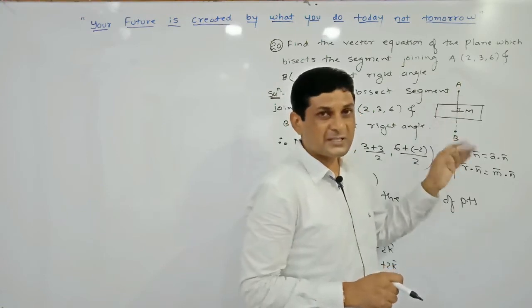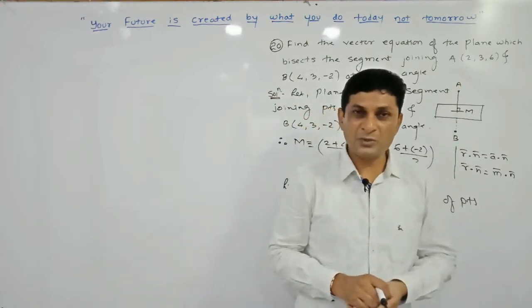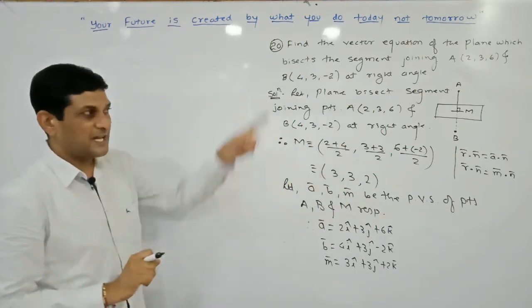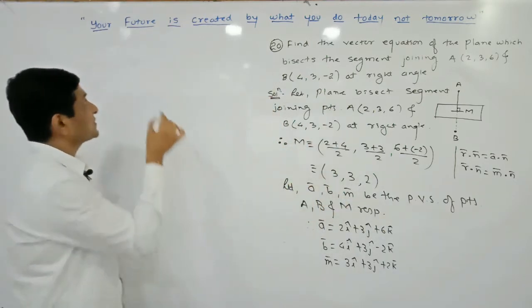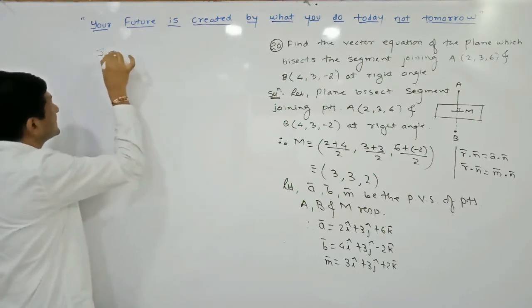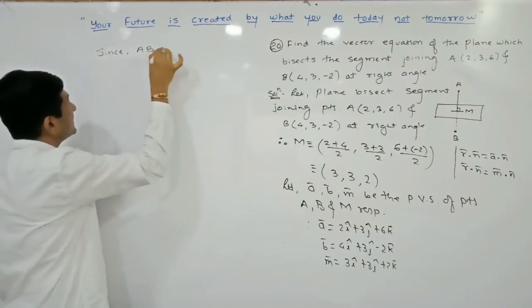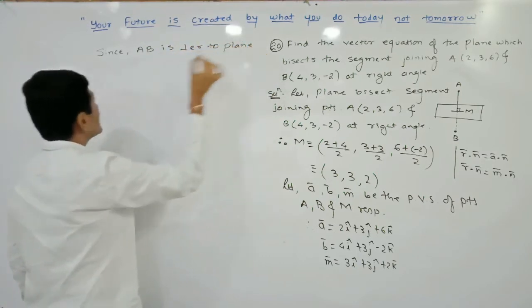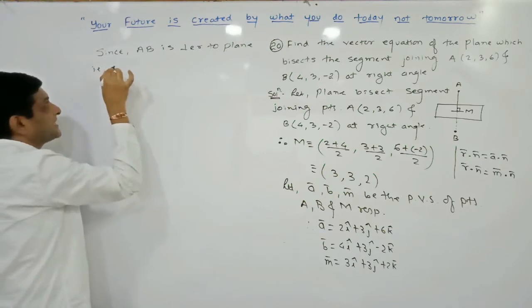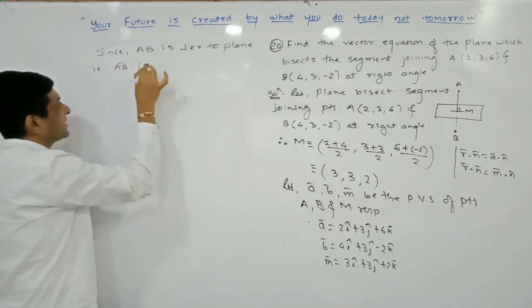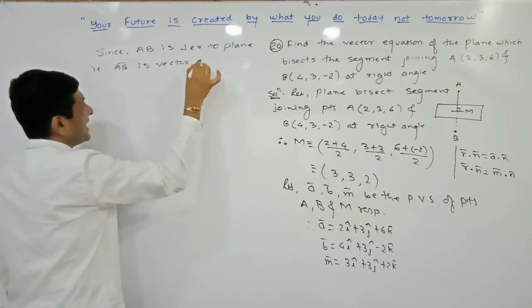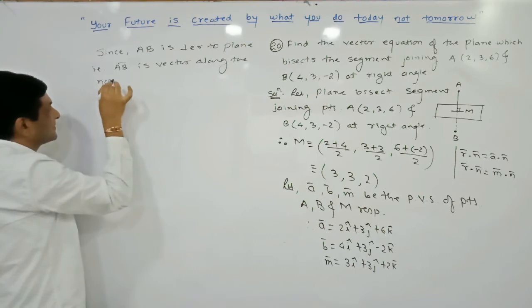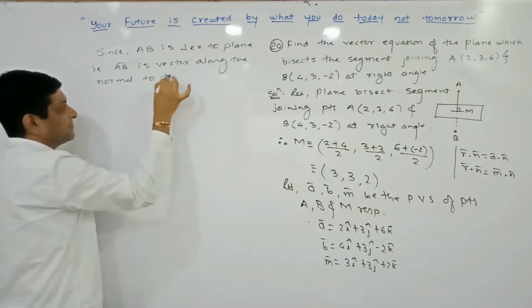Here it is given that AB is perpendicular to the plane, so AB bar is a vector along the normal to the plane.